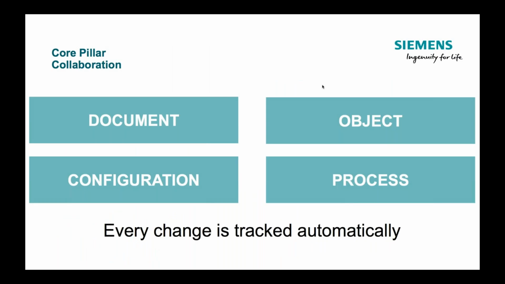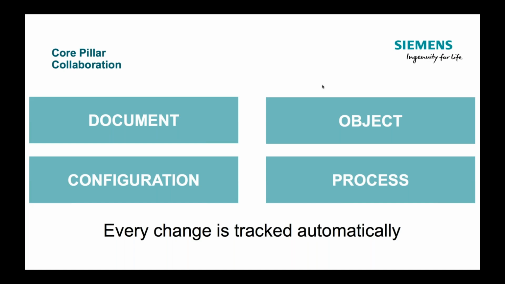So inside Polarian, the data is organized as documents and objects. Object is called work item. Polarian also provides a process, and there is a configuration which allows you to define user access, workflow, and how the information is displayed to the end user.